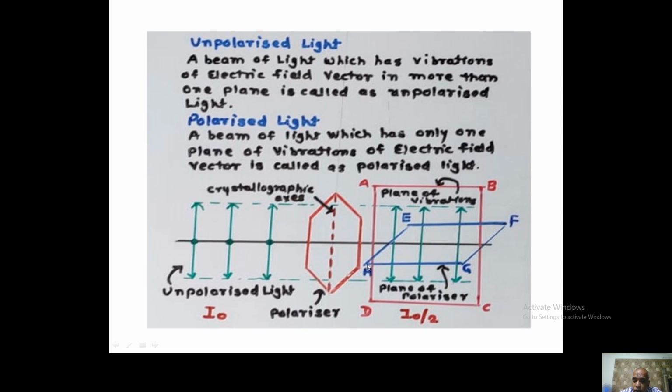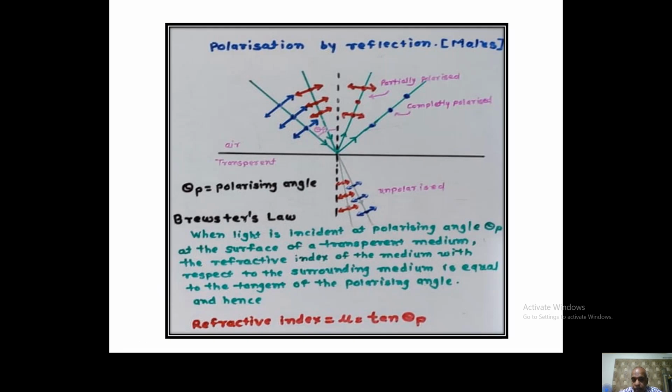Perpendicular to the plane of vibration there is another plane, E, F, G, H. There is no vibration of the electric vector along this plane, it is zero. That means there is no electric field vector along this plane, and hence such a plane is called the plane of polarization.